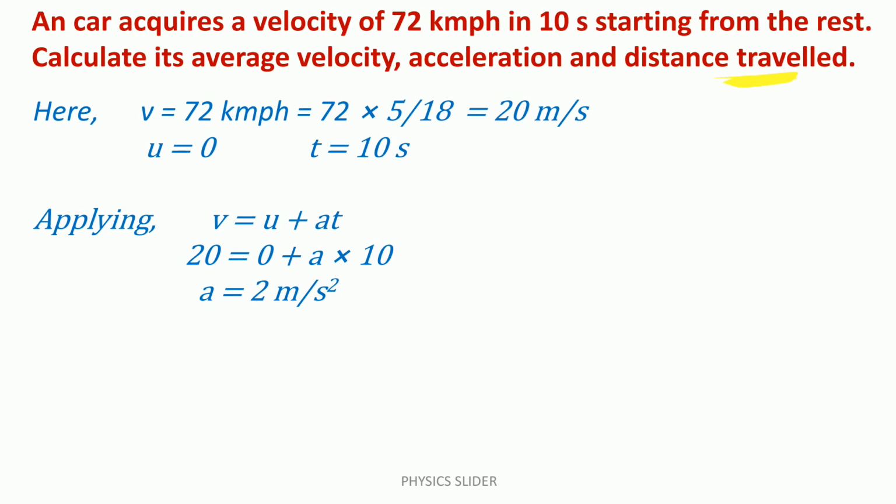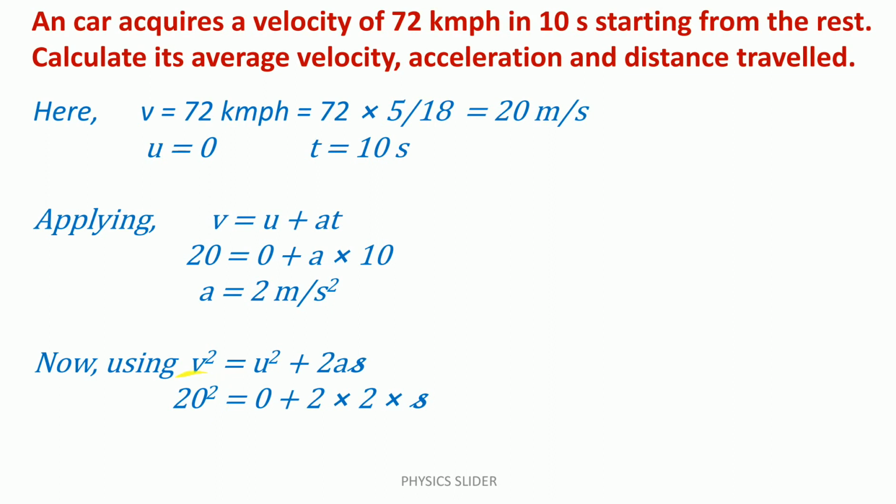Now we need to calculate the distance traveled. So using the equation, v square is equal to u square plus 2as, and putting the values. The value of v is 20, initial velocity u is 0, and the value of acceleration is 2 meter per second square, that we have calculated here.